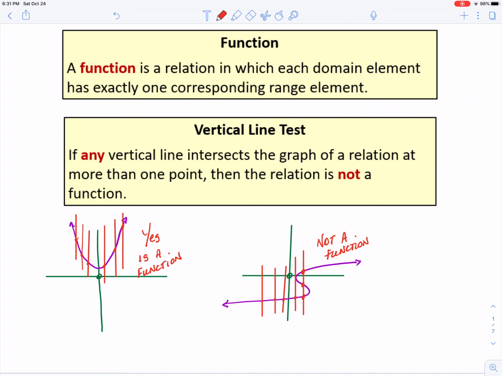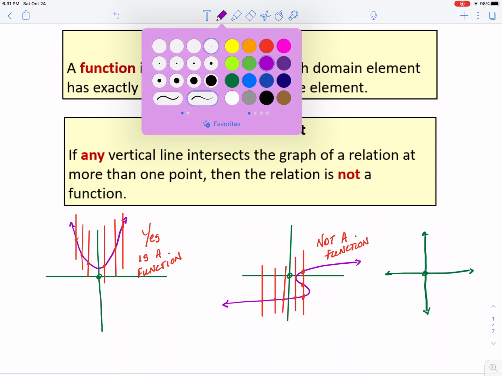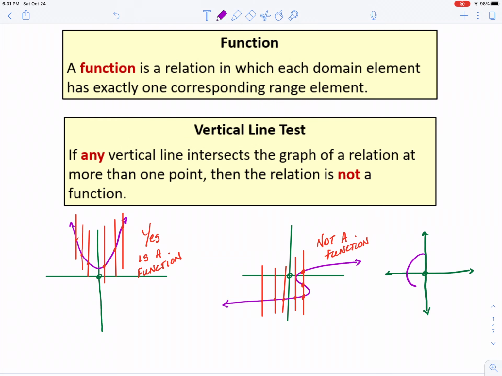So you'll be asked on some of these exercises to decide if something is or is not a function. So what you'll have to do is get the graph, take a look at the graph. Let's say it's the graph of a circle, that does not pass muster because right here I'm okay when I put in a vertical line. That just touches once.